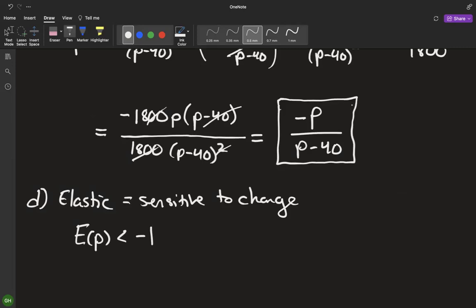The elasticity is always going to be a negative number. If it's less than negative 1, that means the demand is shrinking a lot faster than the price is increasing. It's very sensitive to change. If it was equal to negative 1, that would mean the demand changes at the same rate the price is increasing.